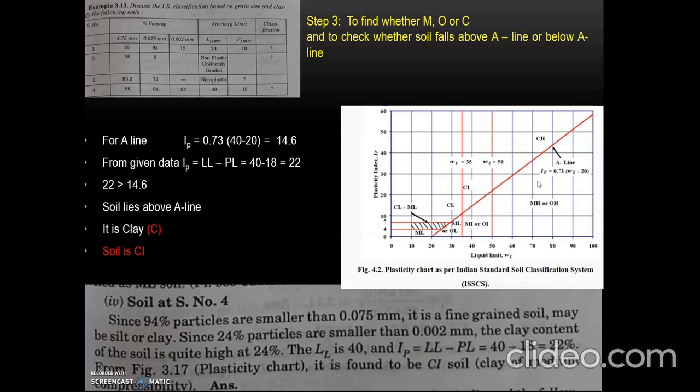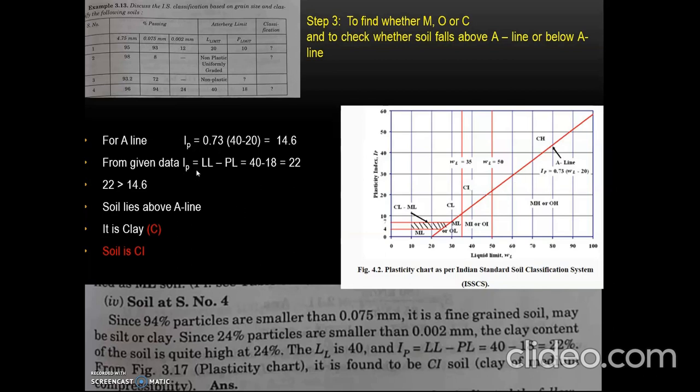To begin with, we find IP for the A line. The equation is 0.73 into liquid limit minus 20. So 0.73 into the liquid limit of 40 minus 20 is equal to 14.6. This is the IP of the A line.